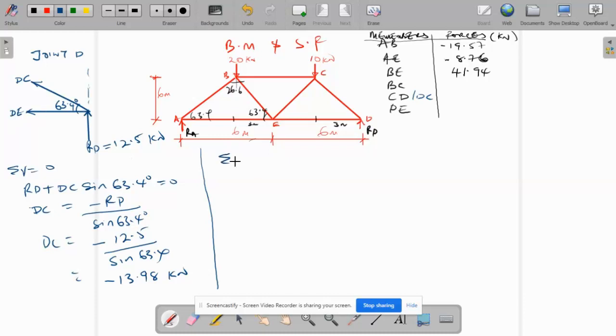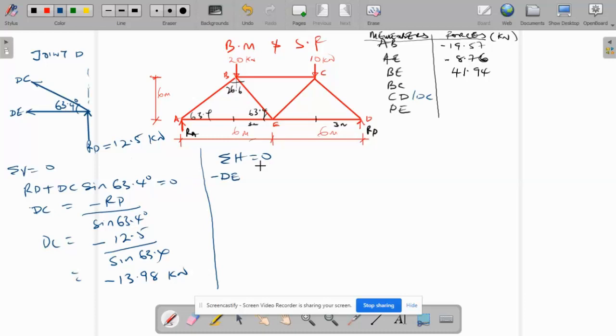So we say summation of horizontal forces equal to 0. So horizontal forces, we try to resolve this and add it to this. So we have DE acting towards the left, minus DE.